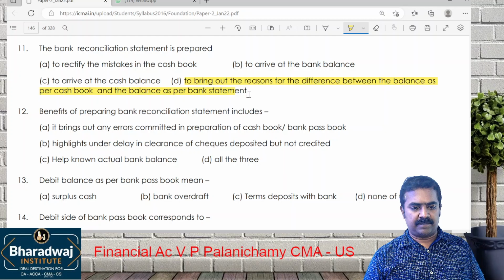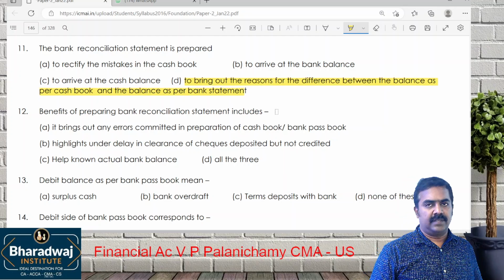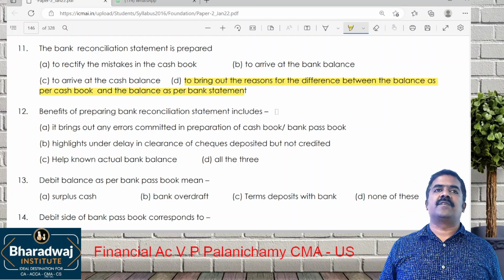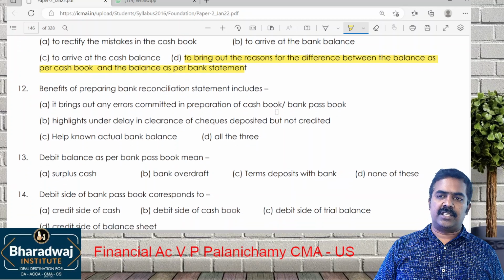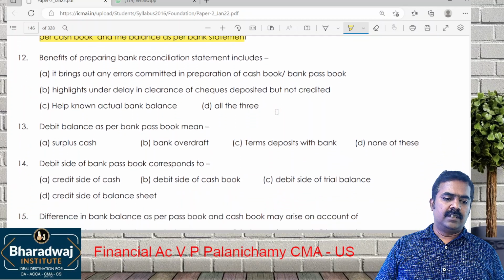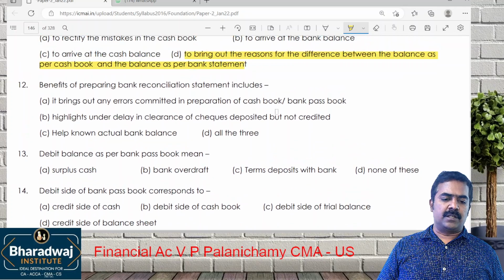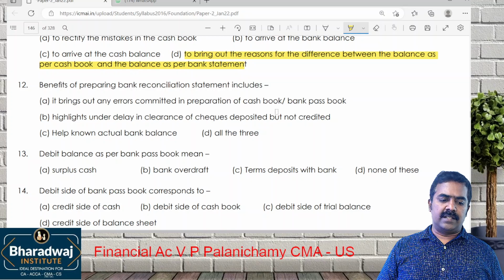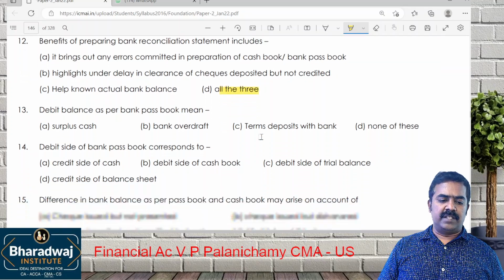BRS is prepared. Yes. We want to find the reason for difference between what? Cash book and bank statements. Benefits for preparing BRS include errors committed, delay in clearance, help to check actual bank balance. Answer is all of these.